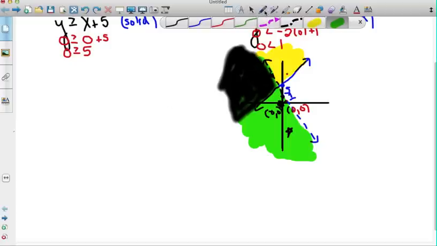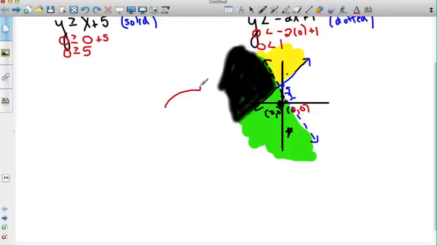Sometimes people like to draw an arrow and then say black equals solution, which I would recommend doing. Otherwise, you can't tell if you were to just look at the graph what you actually want as your answer.